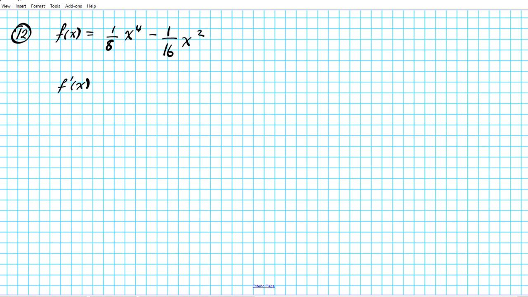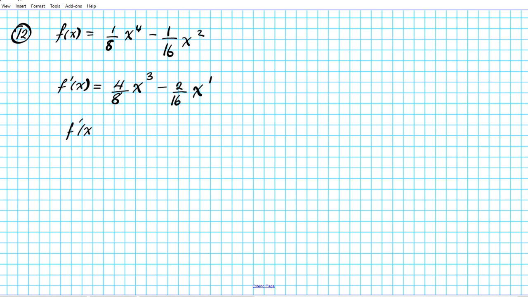F prime of x equals 4 over 8 x to the, you mark this power down by 1, so 3, minus 2 over 16, applying the power rule for differentiation, times x to the first power when you subtract 1 from the 2. Let's simplify that.